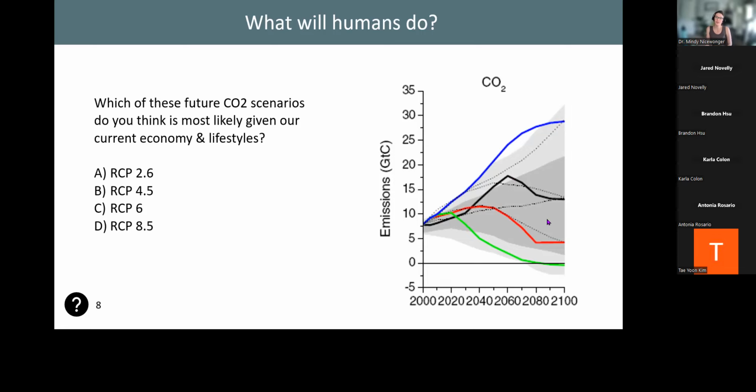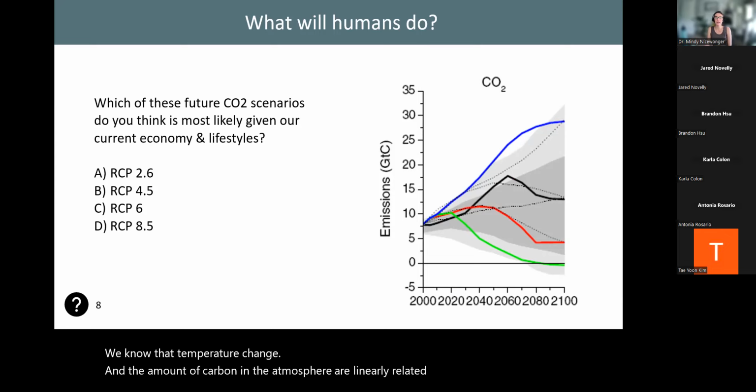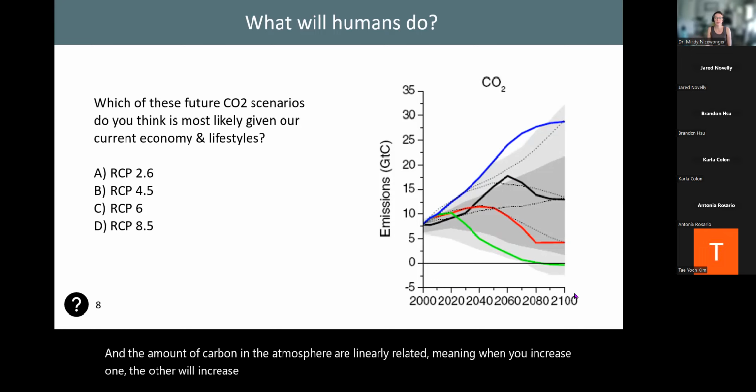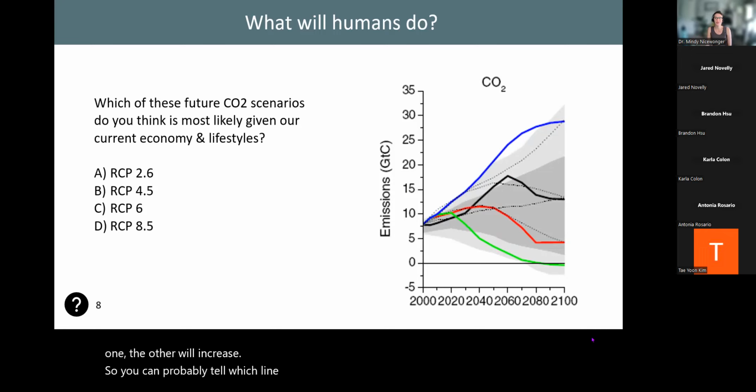Well, I didn't tell you which is which, but here's the thing. We know that temperature change and the amount of carbon in the atmosphere are linearly related, meaning when you increase one, the other will increase. So you can probably tell which line goes to which.